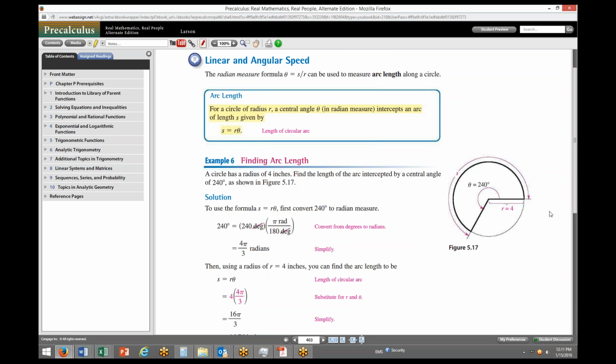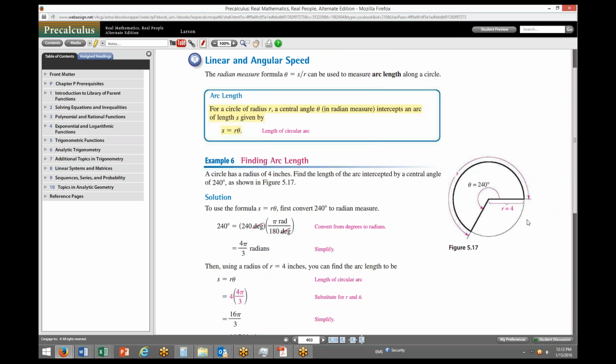Given an angle of some given radius r, and a definite central angle of measure theta in radians, you can simply multiply that number of radians times the radius itself, and that will give you the exact length of the circular arc that contains that angle.